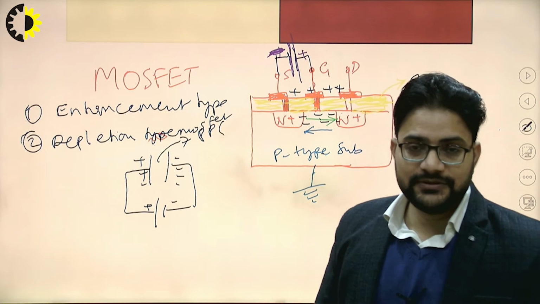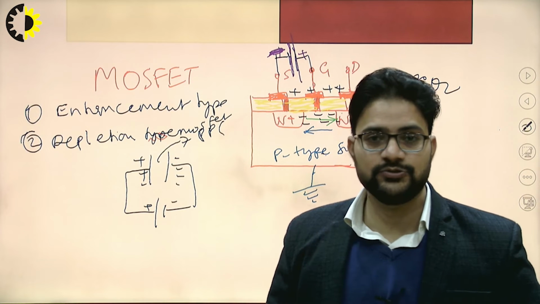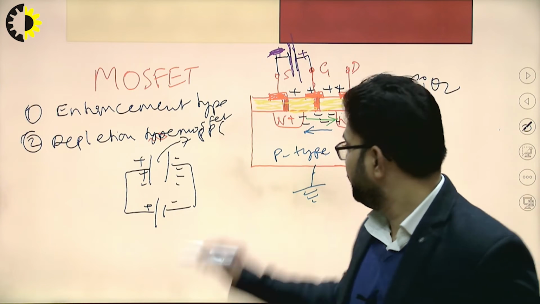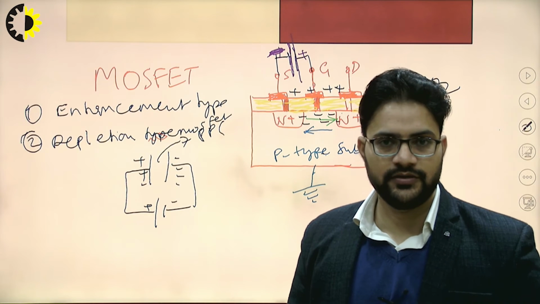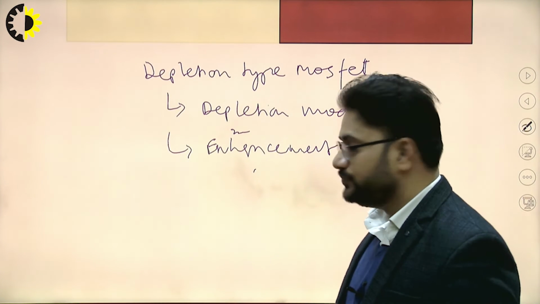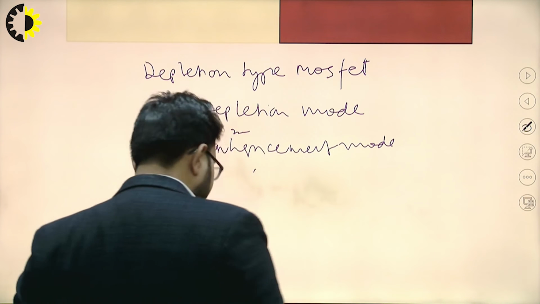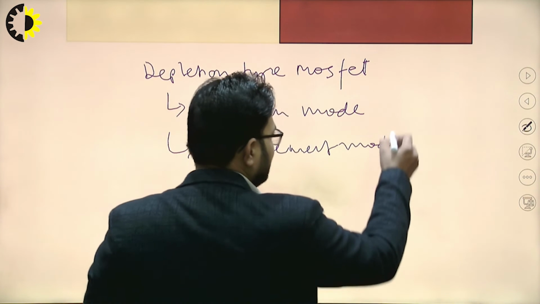So this gate terminal is connected to the positive terminal of the battery, and this source terminal is connected to the negative terminal of the battery. Then this is said to be working in the enhancement mode, right? So if you differentiate between these two, let's consider the drain current in the depletion type MOSFET.